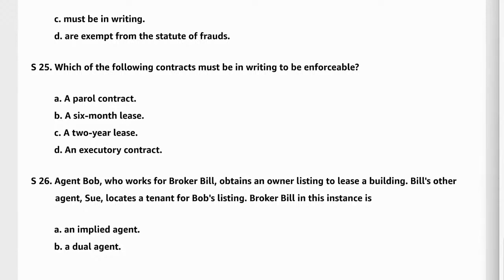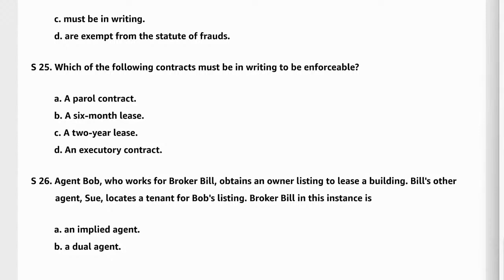So what I discussed for the prior question should help you answer this one. Which of the following contracts must, there's a key word here, must be in writing to be enforceable? Yes, awesome. A 2-year lease.